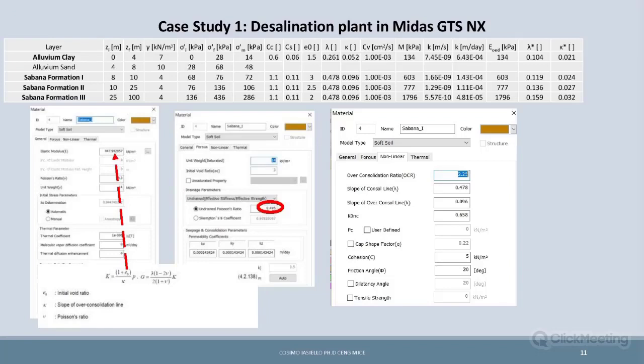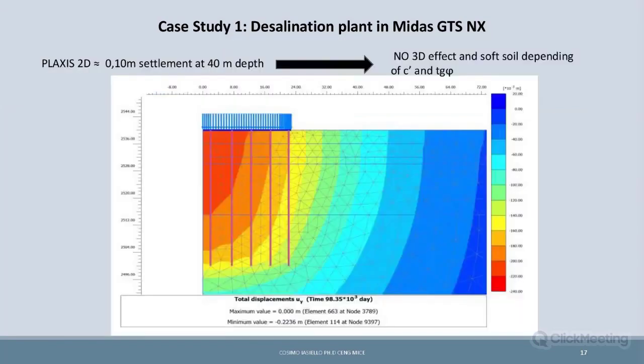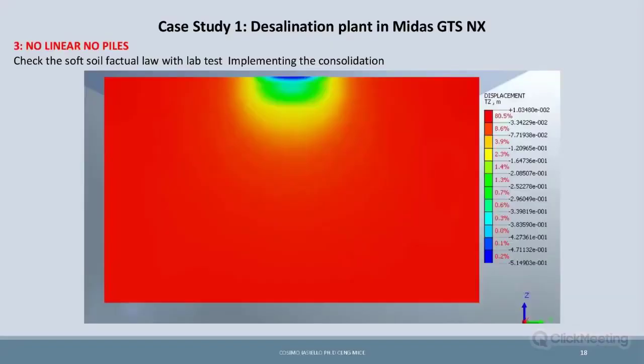So this is, I would say, the academic approach and also the real approach we should take into account when we model the soft soil. So this is a limitation and should be analyzed, because it can lead to some mistakes.